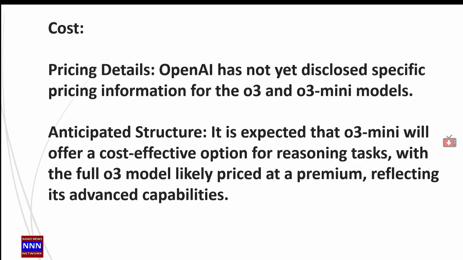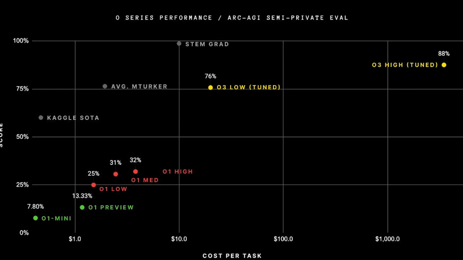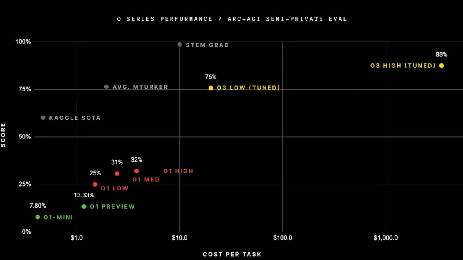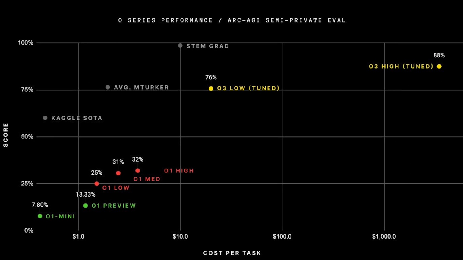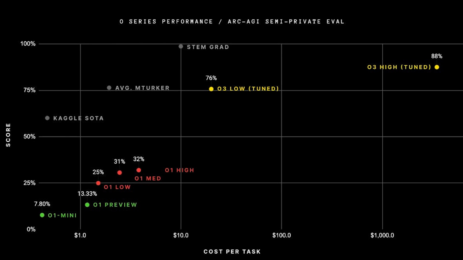OpenAI has not talked about the specific cost involved in using this AI service, but nonetheless, the chart shows the computational cost of O1 compared to that of O3, and you can clearly see the cost goes from less than $100 to $1,000 per task when you're using OpenAI O3.